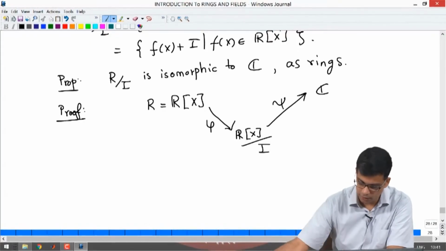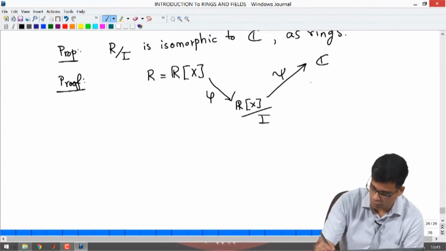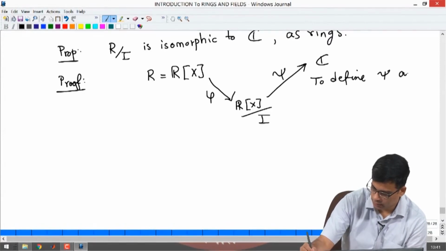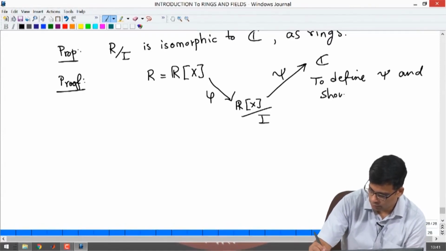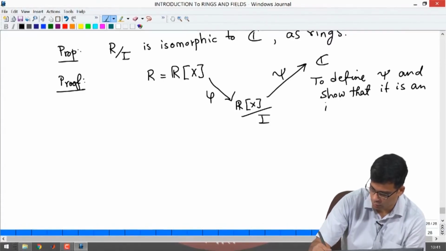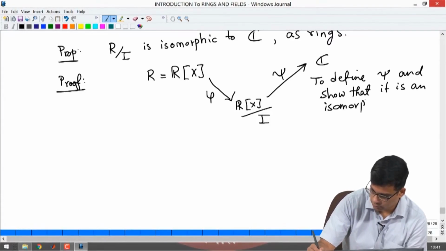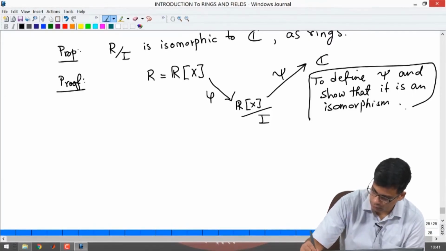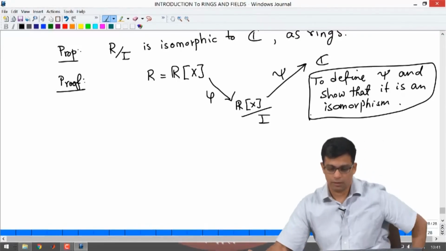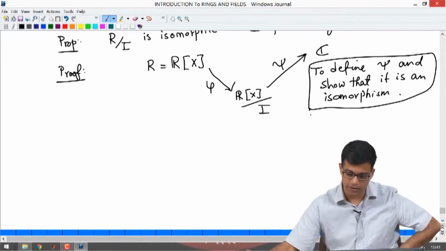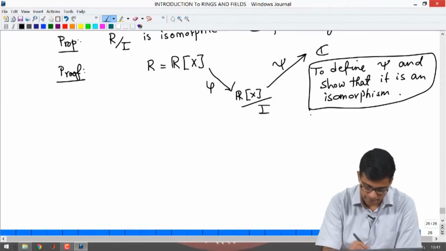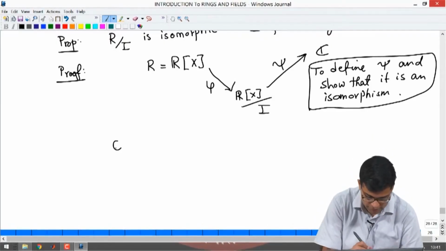I want to define psi and show that it is an isomorphism is my goal. So, what I will do is define psi like this.